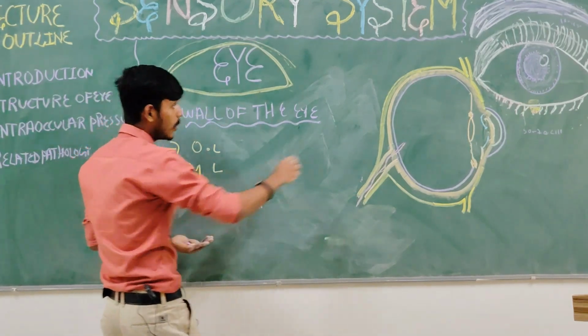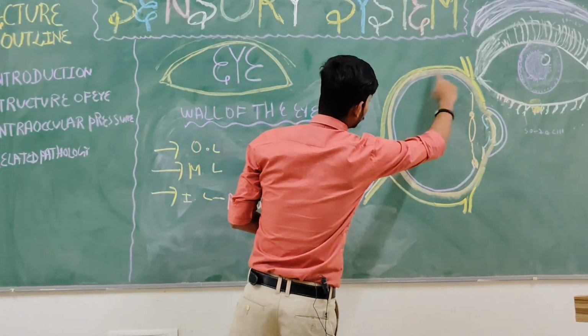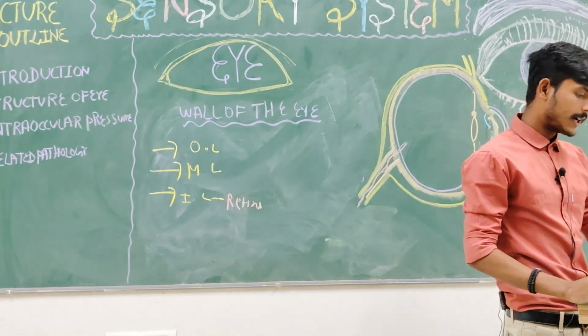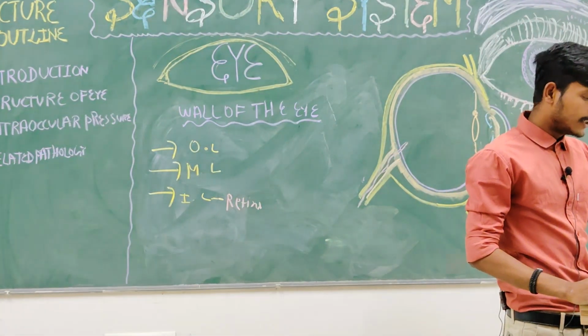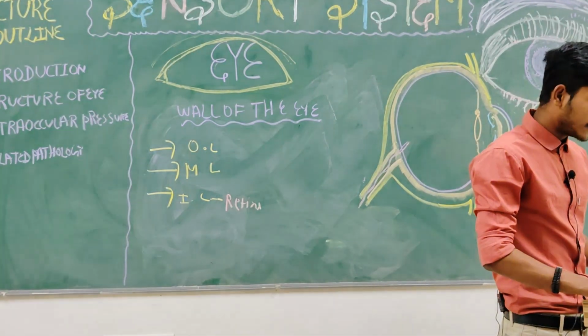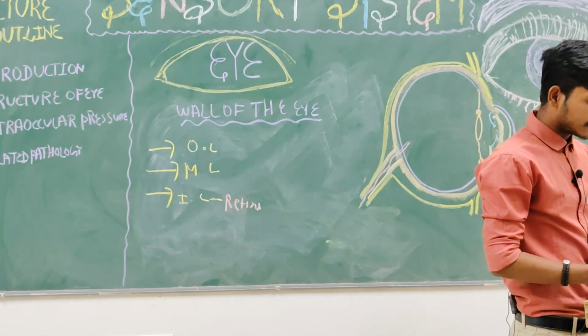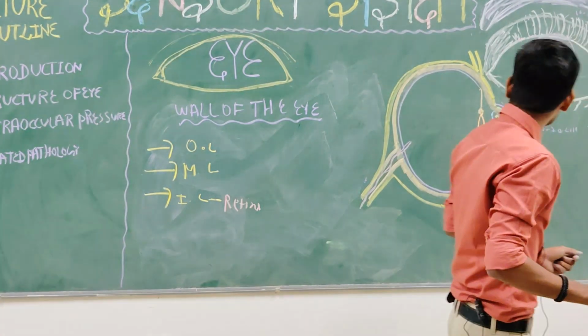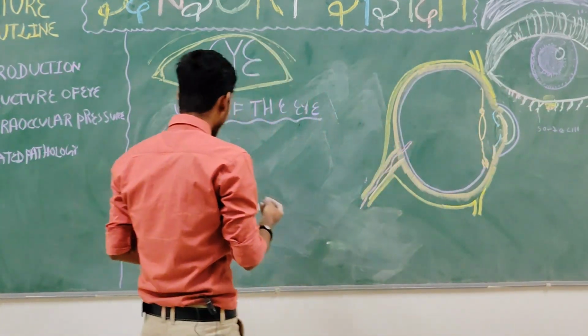And the outer layer of the eye consists of two layers. The first layer is called the cornea, and the second one is called the sclera. Cornea and sclera.